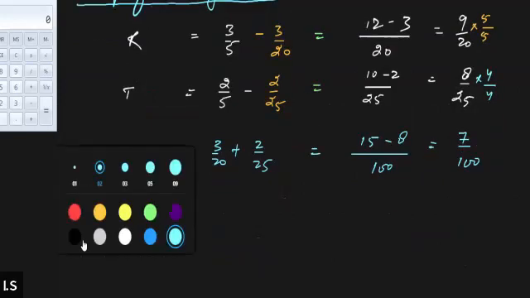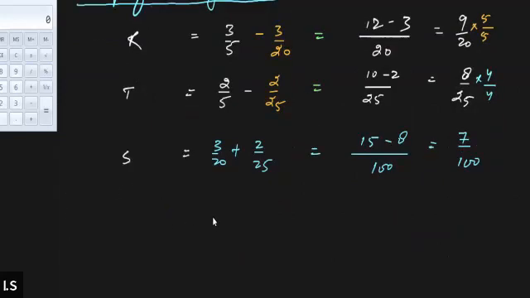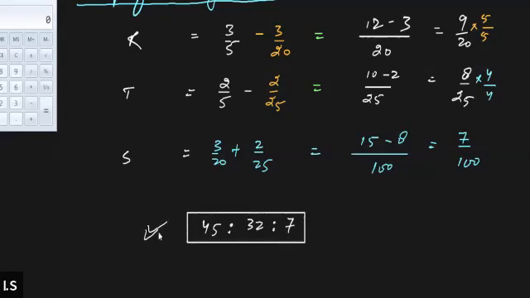So the new sharing ratio will be 45 is to 32 is to 7. Tell me if it is correct or not. Is it clear or not? Yes, sir. Clear. Everybody, any doubt? Anyone have any doubt? No one is responding. 45, 32, and 7.